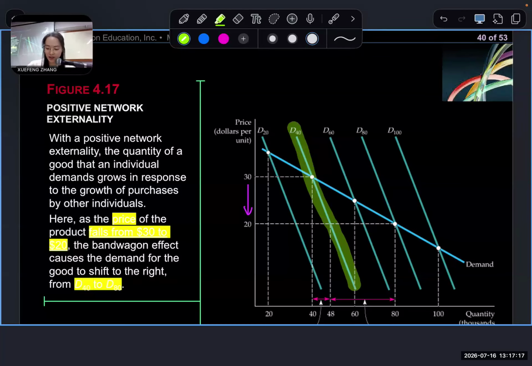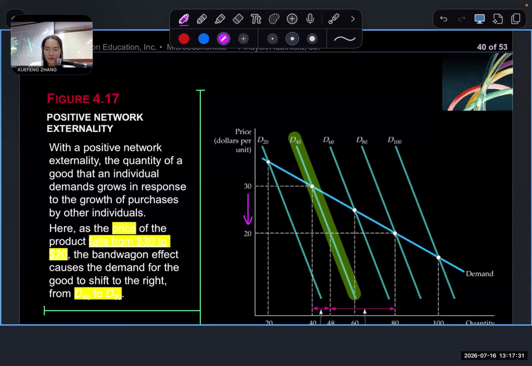So this is the individual demand curve. Here we have a pure price effect. When price is lower, you buy more, from 40 to 48. Because here we have positive network externality, more people join, so everyone else buys more too.